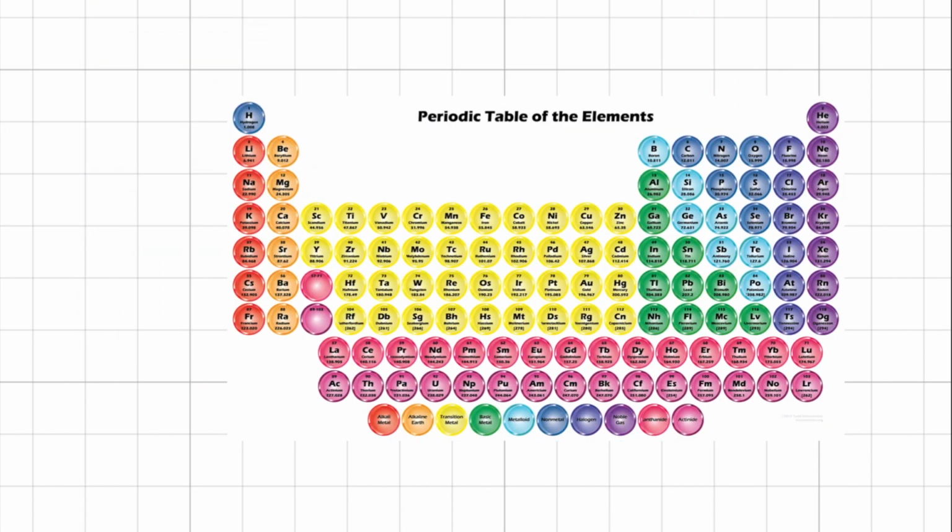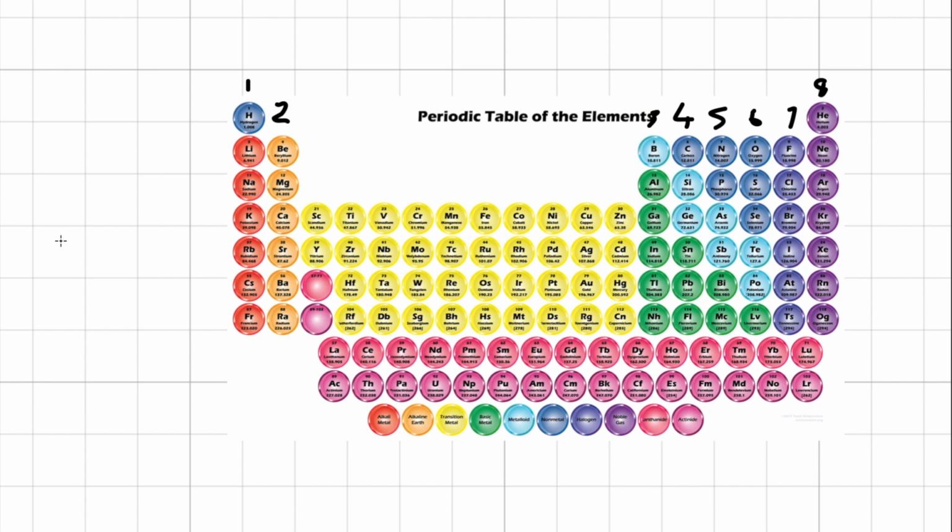Okay, so let's label these here: 1, 2, row 3, 4, 5, 6, 7, and 8. This is how many valence electrons each row has. So for example, carbon has 4 valence electrons.